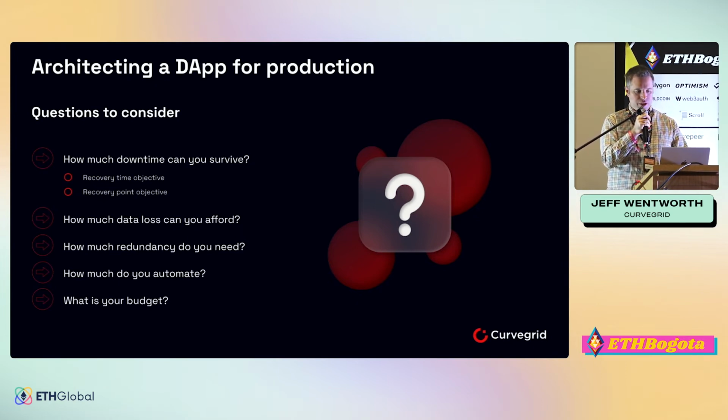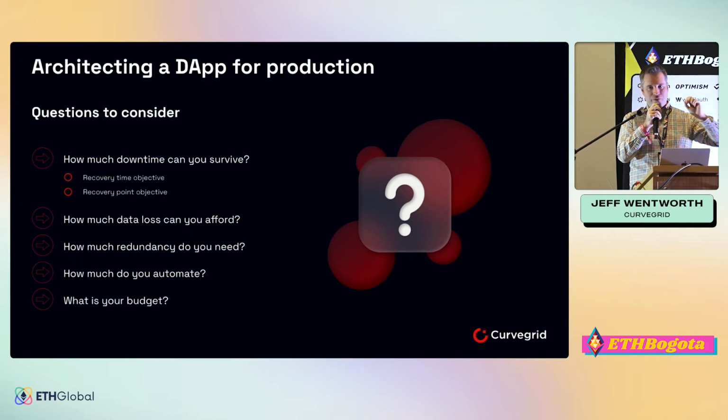And the second one is recovery point objective. How much data can you afford to lose, right? The blockchain is eventually consistent, and very strongly eventually consistent, and it's proven that over the last 7 years with the Ethereum blockchain, and longer than that for some other blockchains as well. But what happens when you're storing data that's coming from the blockchain in your own database, and that gets out of sync?